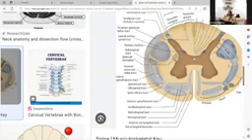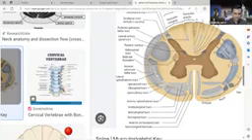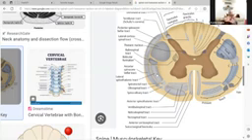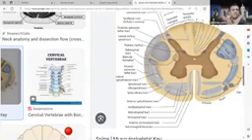Half of the spinal cord receives the impulse from the opposite half of the body. Why do we have to study these tracts? Because the sensations and all these things are crossed, even the motor pathways are crossed.